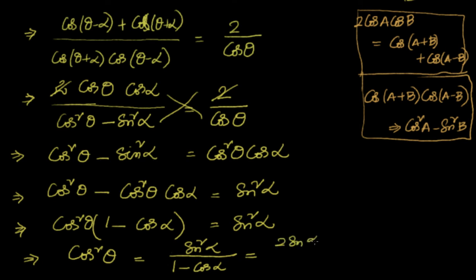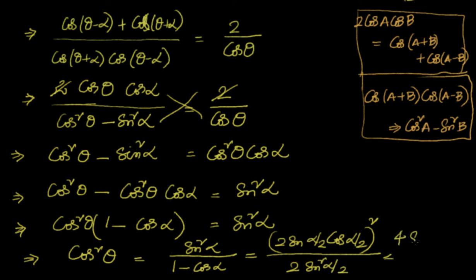I will say 2 sin alpha by 2 cos alpha by 2 whole square divided by, you know what is 1 minus cos alpha? 2 sin square alpha by 2. This is nothing but equal to 4 sin square alpha by 2 cos square alpha by 2 by 2 sin square alpha by 2.